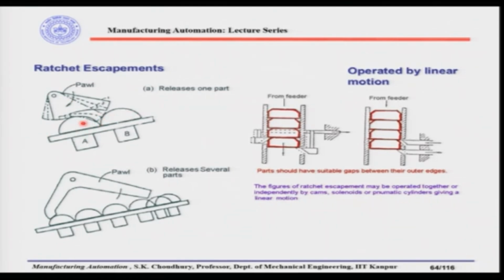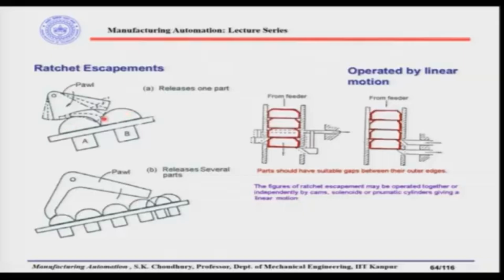This is quite clear from the diagram itself, that when it goes like this, it will prevent the other parts from coming through the feed track, but the part which was here will go to the assembly machine. Then when it goes to the other position, it will take another part, one by one. So, as the pawl is swinging, or reciprocating from one position to another, the parts will come one by one.